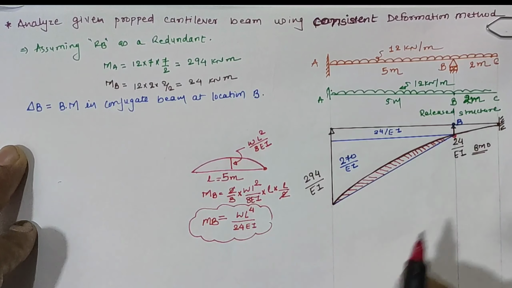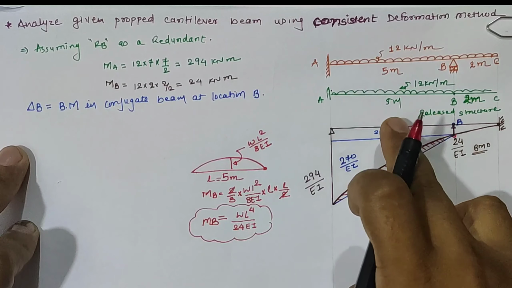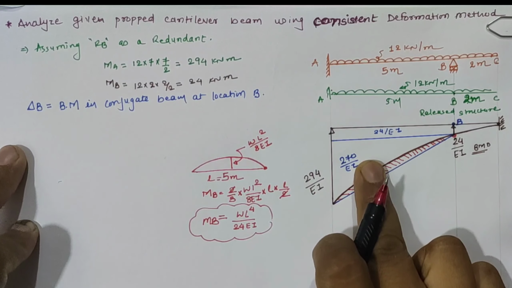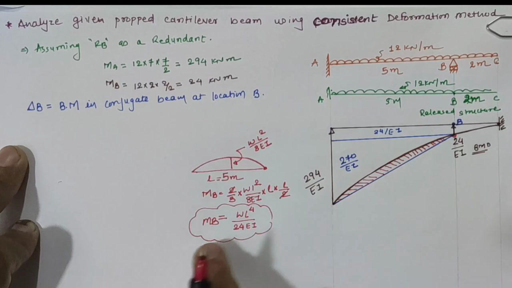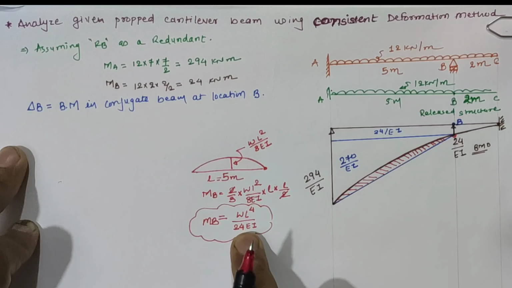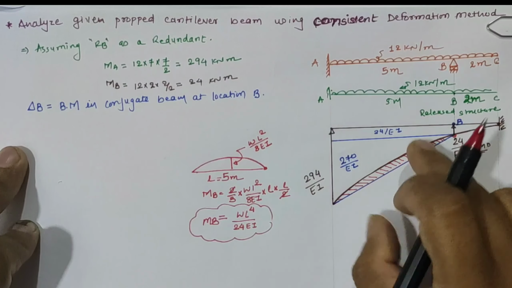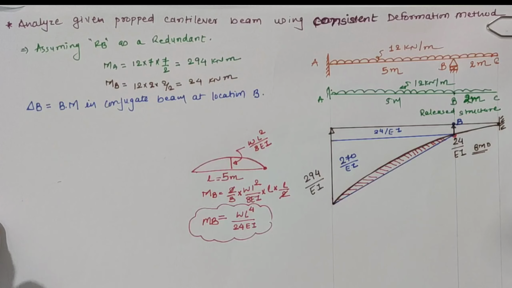It means that if we calculate the moment at B by the rectangular part and triangular part, then we have to remove MB as W L raised to 4 by 24 EI of the hatched part from this moment.